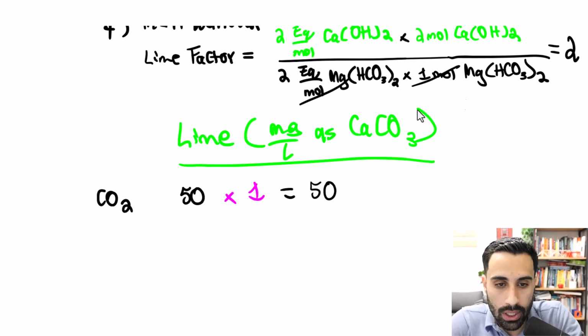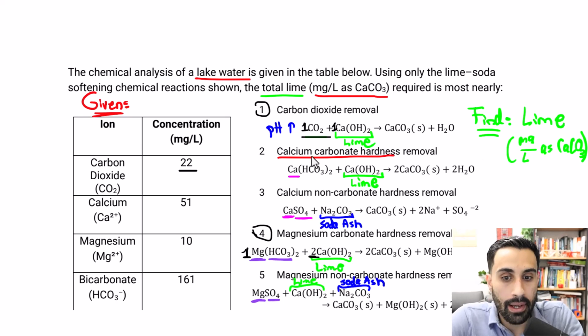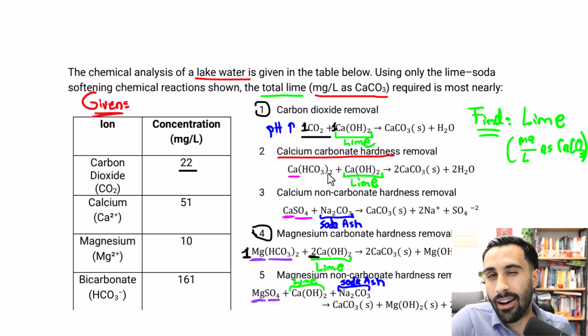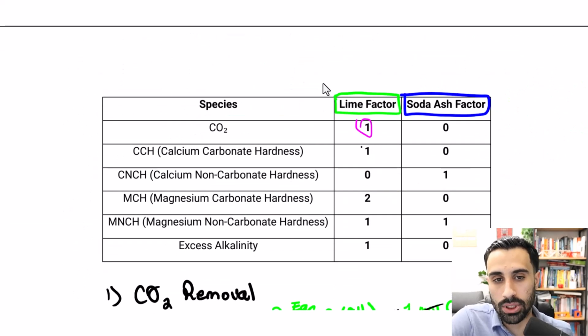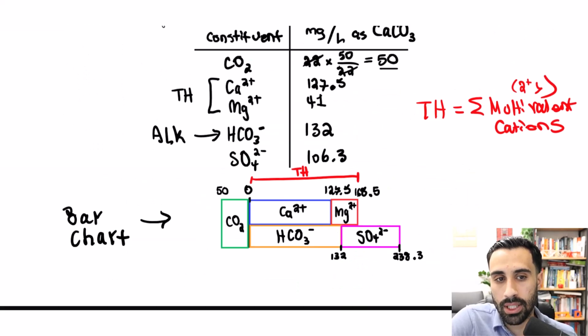Now we keep going. What else uses lime? The key question. Lime required. Calcium carbonate hardness removal. So it's lime used right here when we have calcium associated with bicarbonate. How much is that? The factor will still be 1. So how much of the calcium is associated with bicarbonate?